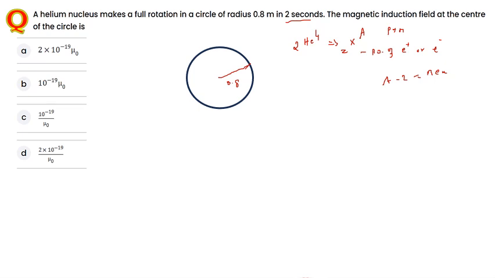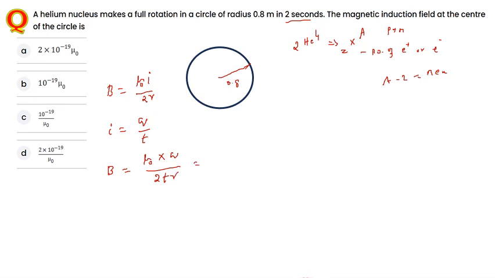There are 2 electrons. For this magnetic induction, you already know B is equal to mu naught I divided by 2R. And N can be mentioned based on the coil. This is only the nucleus, that is the helium nucleus. So instead of I, I just mention Q divided by T. There are 2 charges over here. Now I substitute B is equal to mu naught, instead of I, Q divided by 2TR.